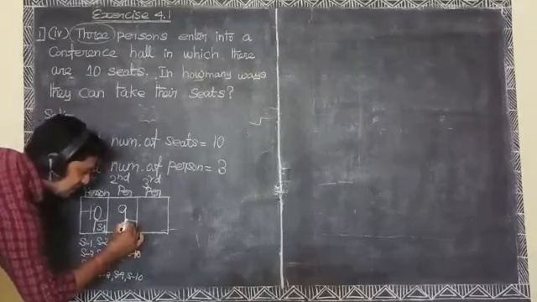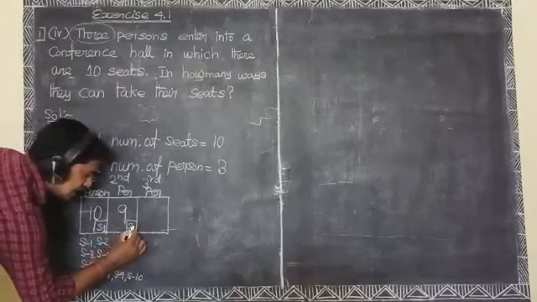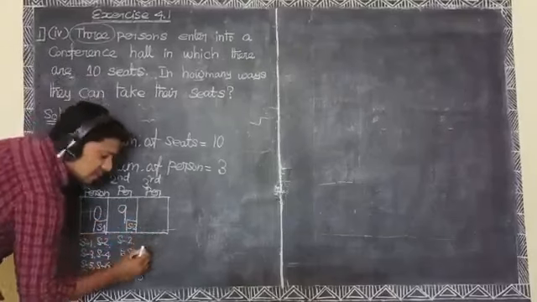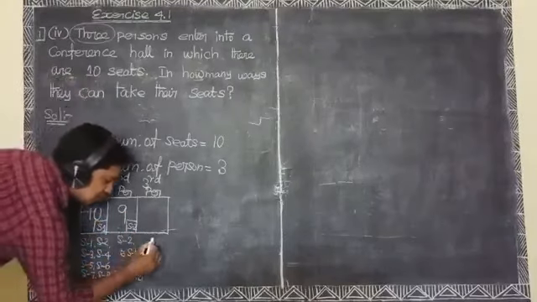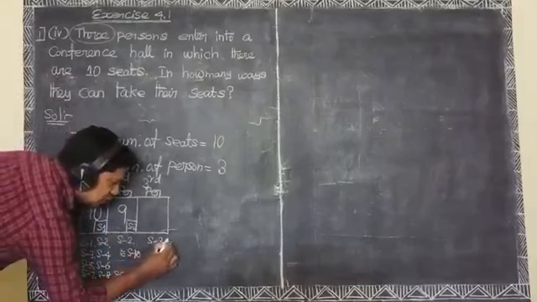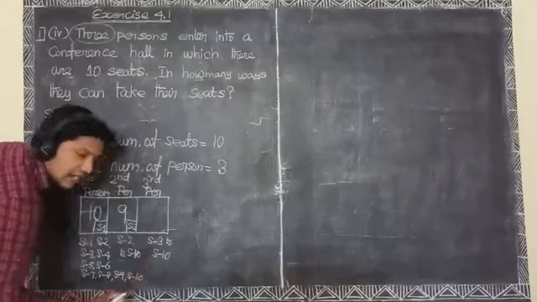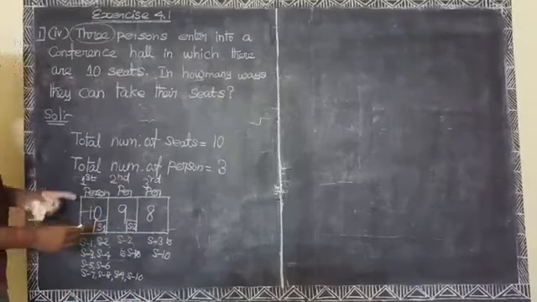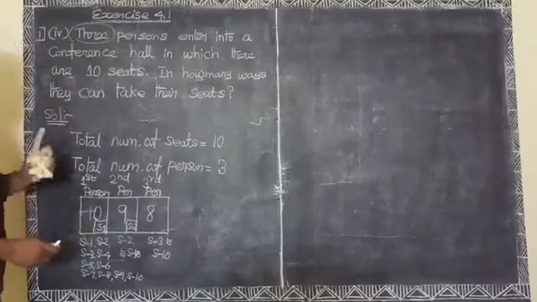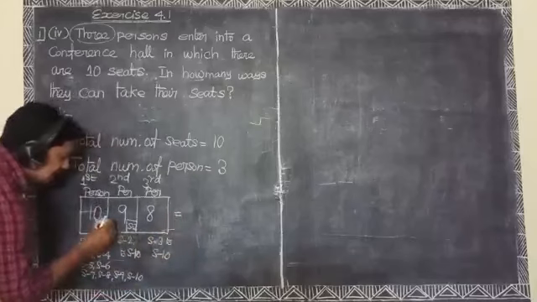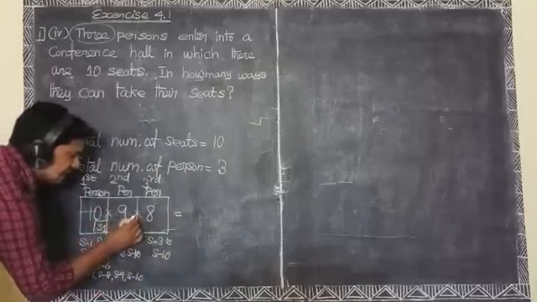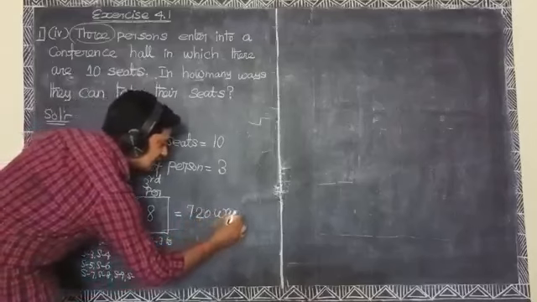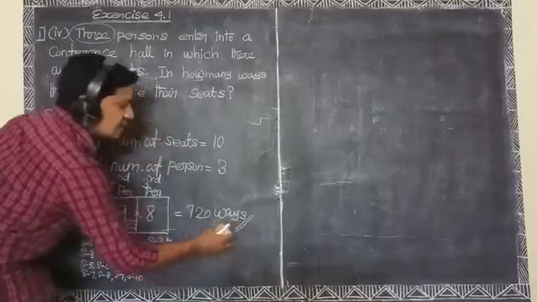Assume the second person takes seat 2. The third person can only take seat number 3 to seat number 10, totally 8 ways. Therefore, the total number of ways is 10 into 9 into 8, which is 720 ways. Okay, thank you.